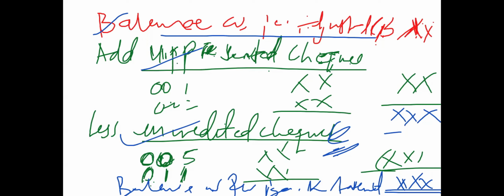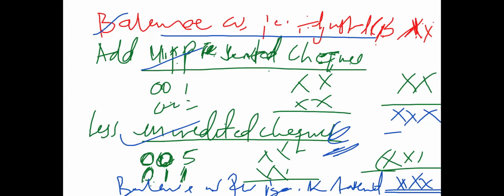Therefore, once you are able to do that, the adjustment then will be leading you to arrive at the balance as per the bank account. And that's basically how a simple bank reconciliation statement is prepared.